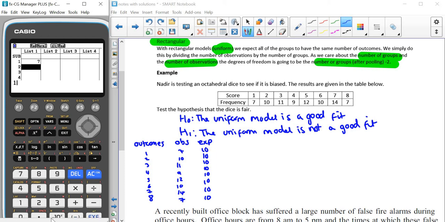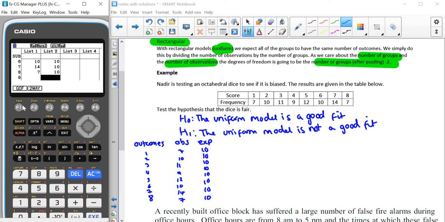So 7, 10, 11, 9, 12, 10, 14 and 7. And then for our list 2, each of these is going to be 10.